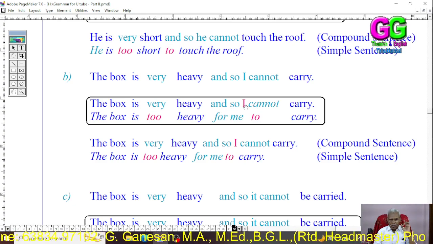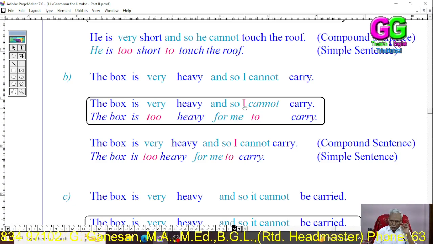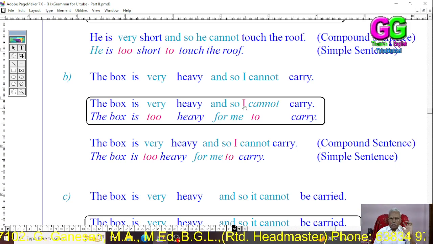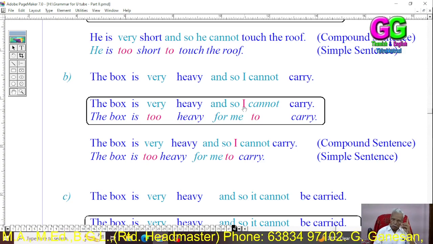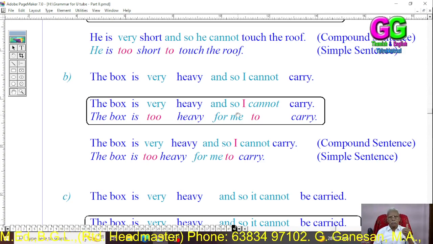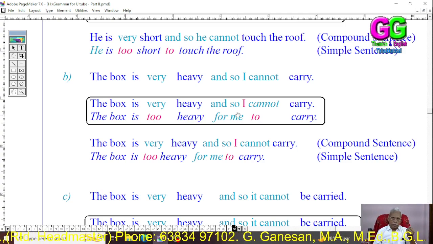Here, the subject is I. The subject should be changed into for plus object. I for me, we for us, you for you, he for him, she for her, they for them.